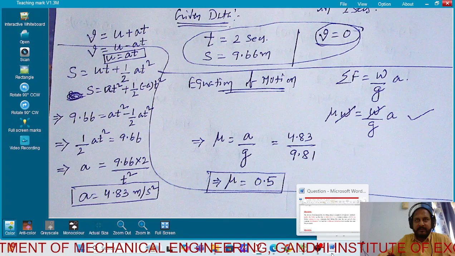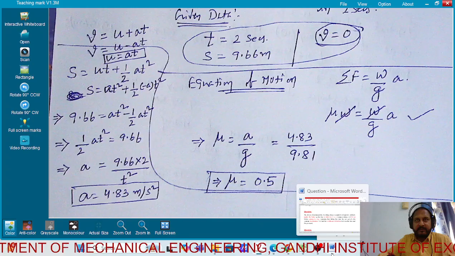Distance covered is 30 meter. And in how much time it is covering a distance of 30 meter? That is 10 seconds. And you have to find out what is the tensile force that is acting in the cable.